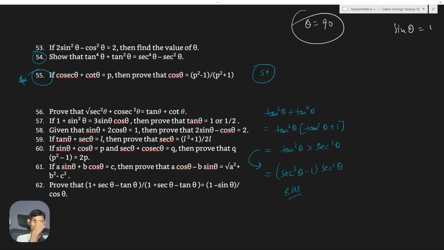Sec square theta is equal to 1 plus tan square theta. So what would tan square theta be? Sec square theta minus 1. Okay. That is the 55th.